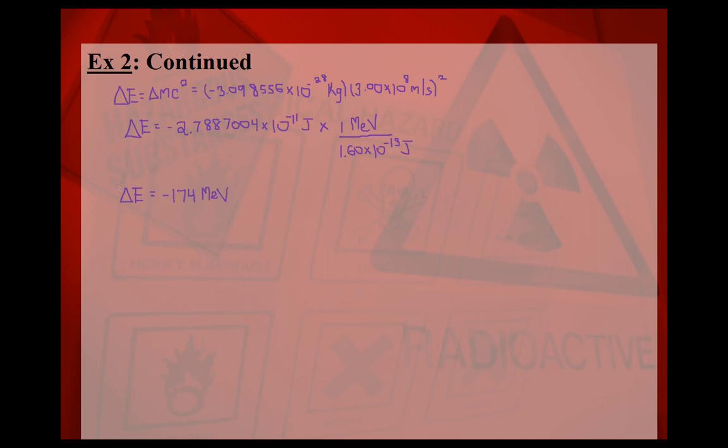It's not a huge deal if you write the negative sign down or not. The way I would interpret the negative here is just that energy is being released to your environment, or to the surroundings.